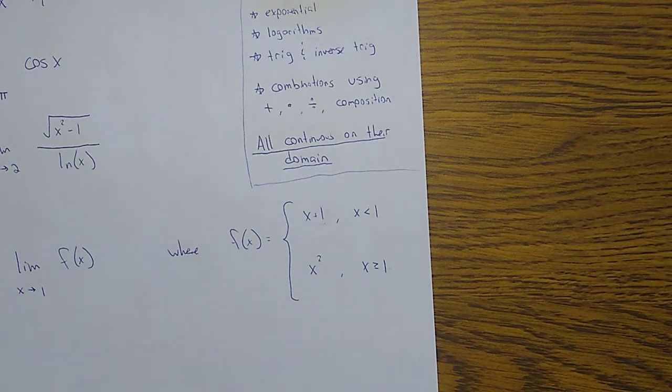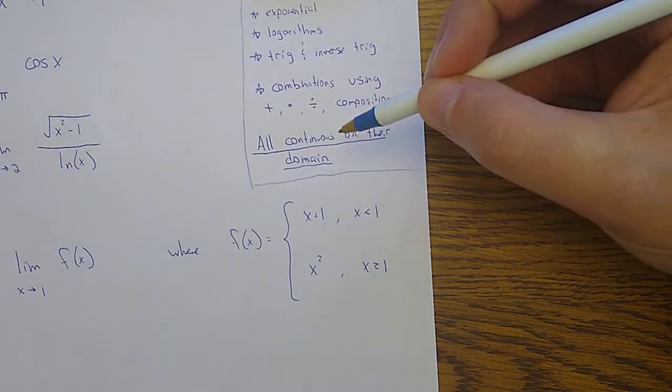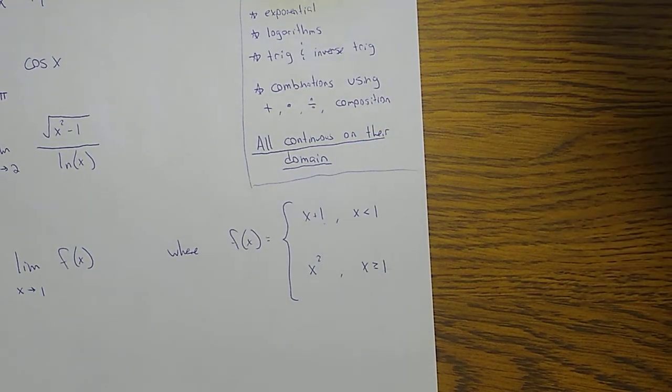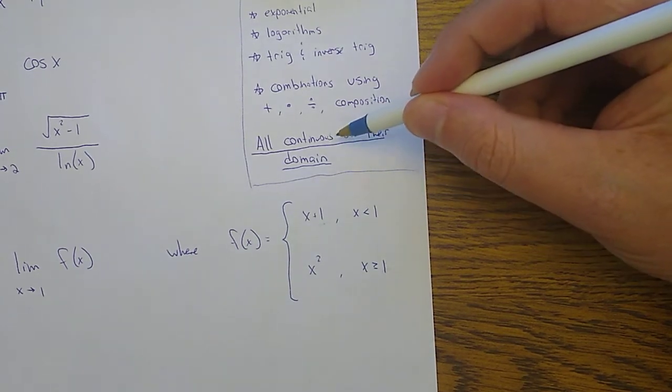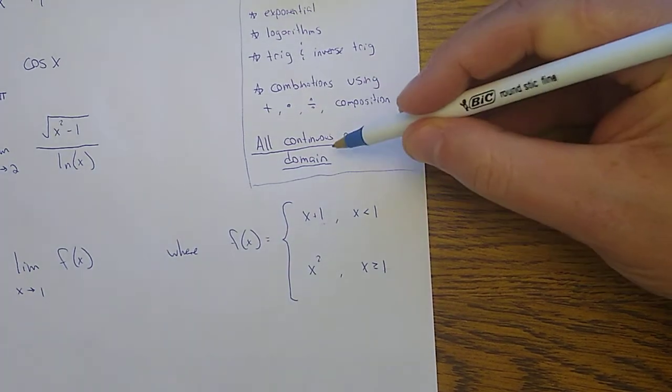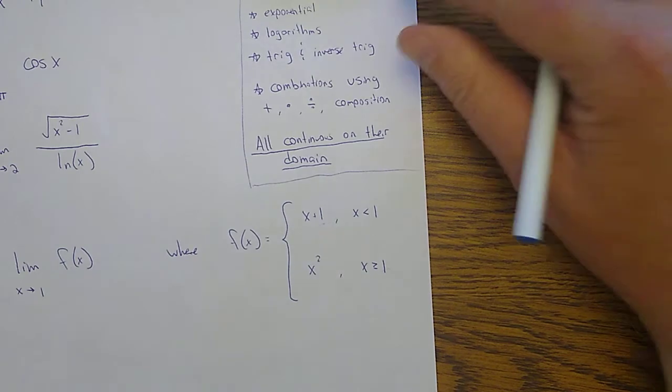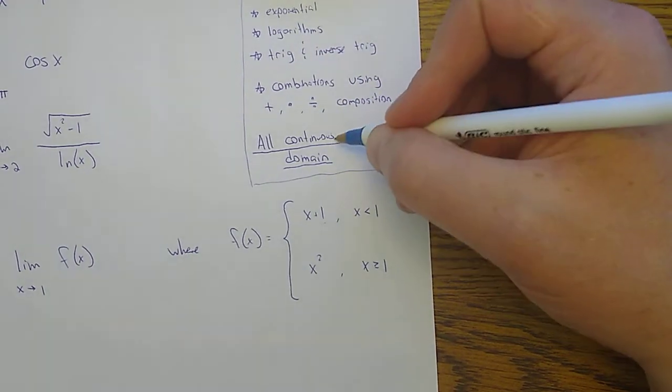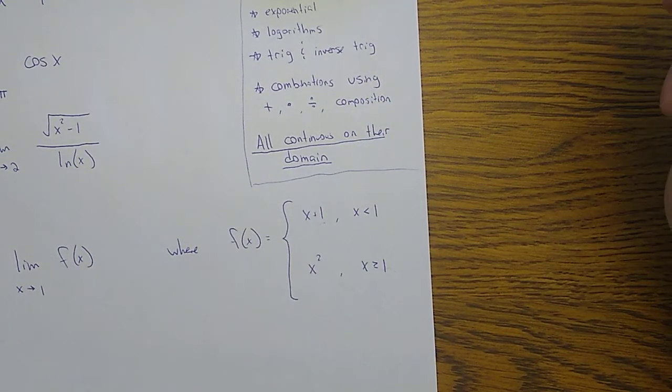But the important thing is elementary functions are continuous on their domain. What does continuous mean? Continuous means that you can just find the limit by plugging the value of x in. Like if x is approaching a, you just plug in a.